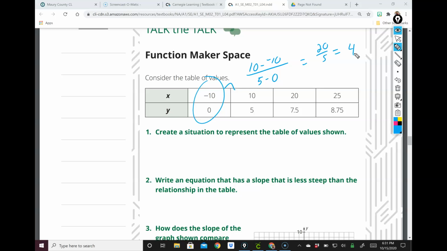So I could be making a situation where I'm making $4 per hour. Maybe I'm babysitting, maybe I'm tutoring, and I owe somebody $10, so I paid them back, and then I start saving some money.